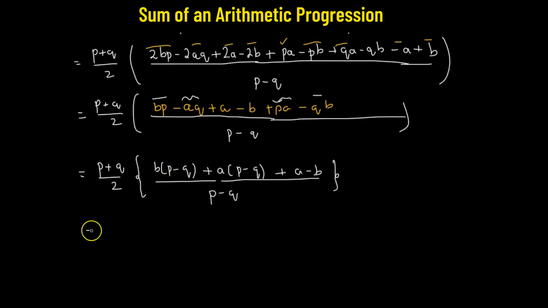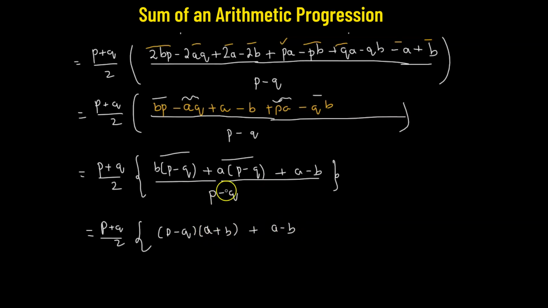So this will give us p plus q divided by 2. Now consider this as the first term and this as the second term. From the first and second terms, we can take p minus q as the common factor, which gets multiplied by a plus b, plus a minus b.